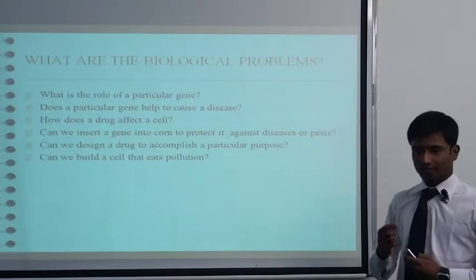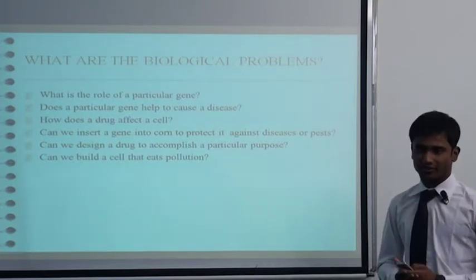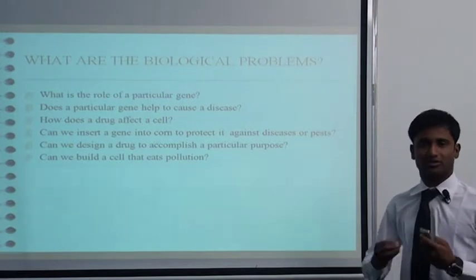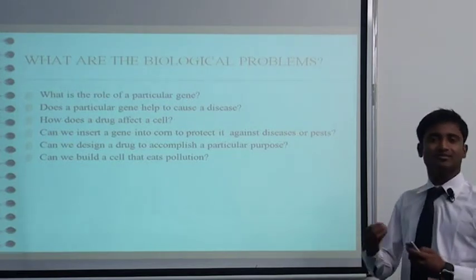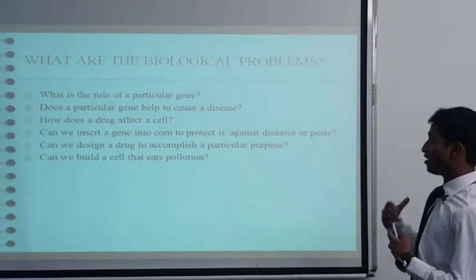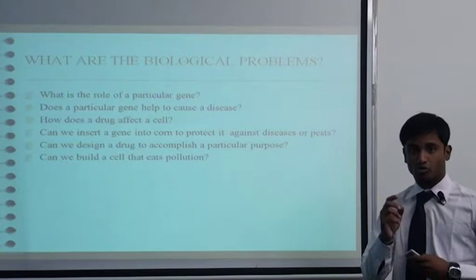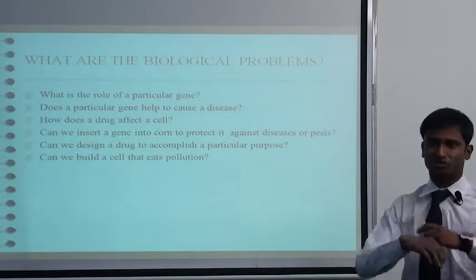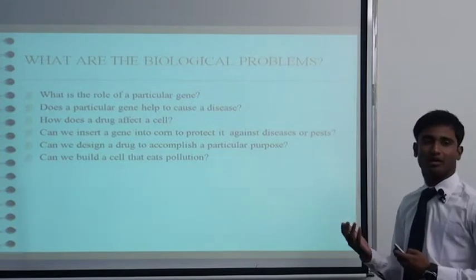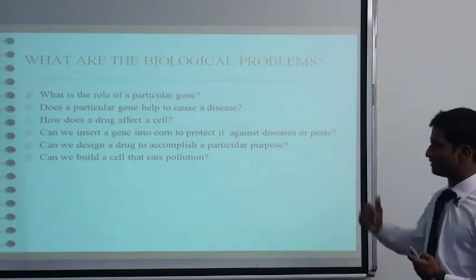That means right now there are lots of drugs in the market, but most of the drugs give some toxicity or side effects to us. So can we design a drug for a particular purpose which only treats a disease and does not give any side effect? Scientists are right now doing research on these things.